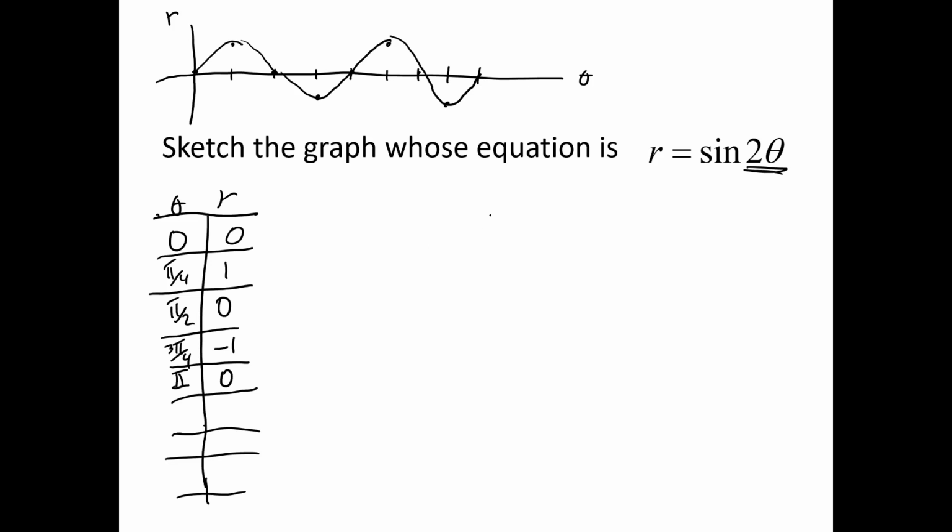And so now let's graph our curve. So let's pick up this part. So 0, 0, we're at the pole.